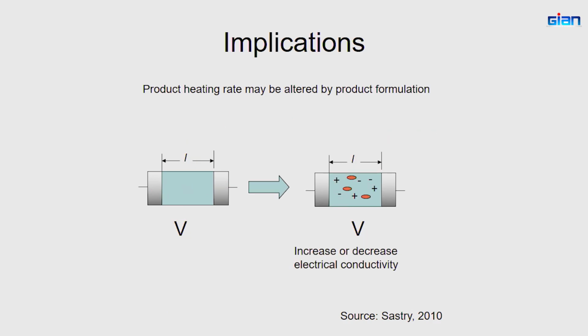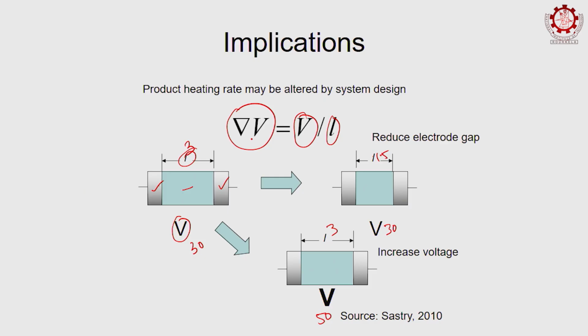So, there are a number of ways you can change these properties. The other thing you can do is alter the electrical conductivity of your material. By altering the electrical conductivity, you can change your properties so that you get the appropriate heating rate. So, in all these cases, you are trying to have a certain voltage gradient in the ohmic heater, so that you achieve certain heating rates.